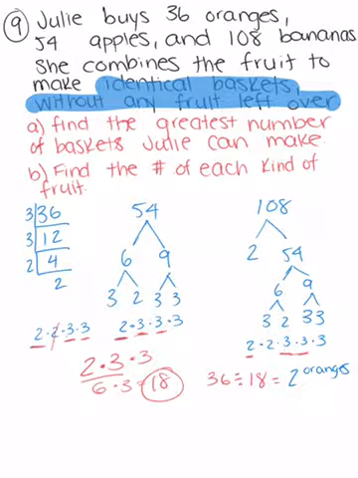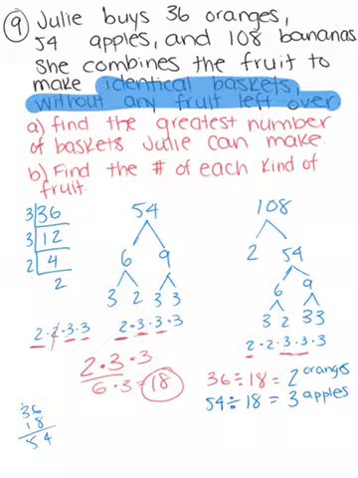Then I have to look at my apples. I have 54 apples, and I'm dividing them into 18 baskets, so 54 divided by 18. I'm thinking 18 plus 18 is 36, and 36 plus another 18 is 54. So that's going to be 3 apples in every basket.